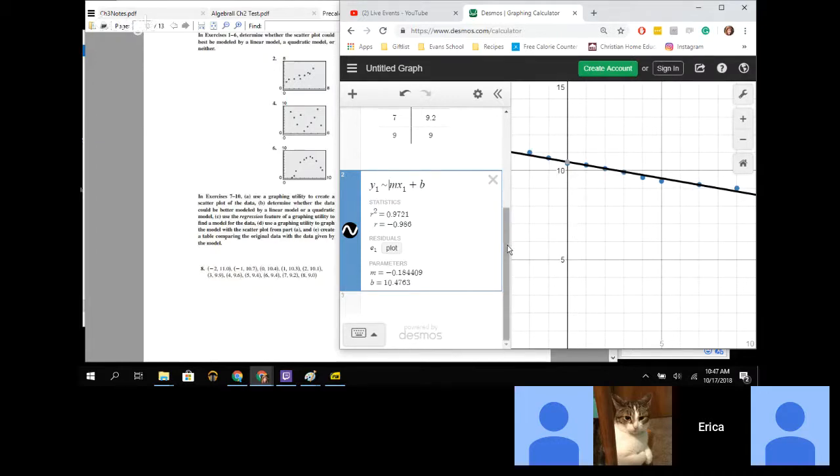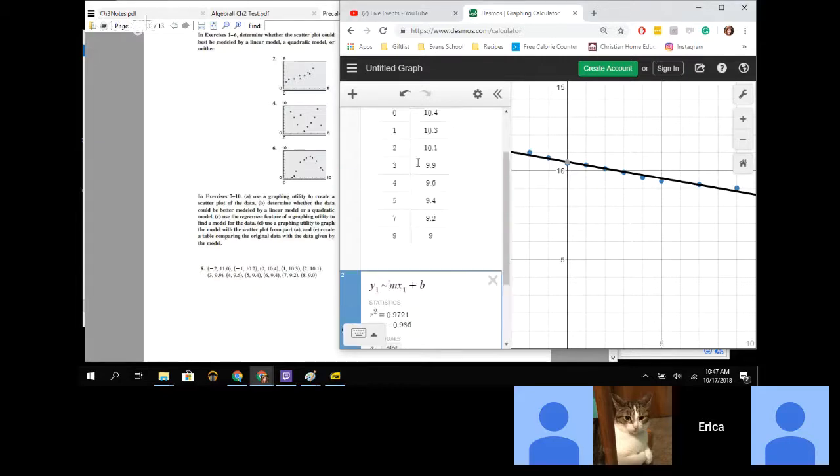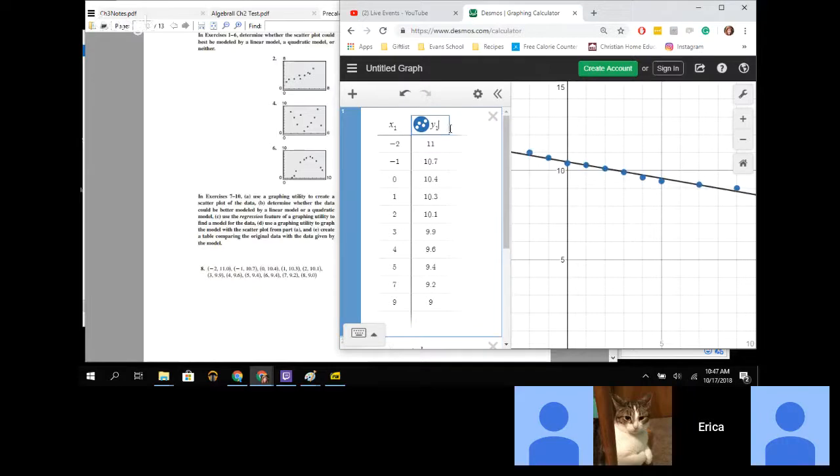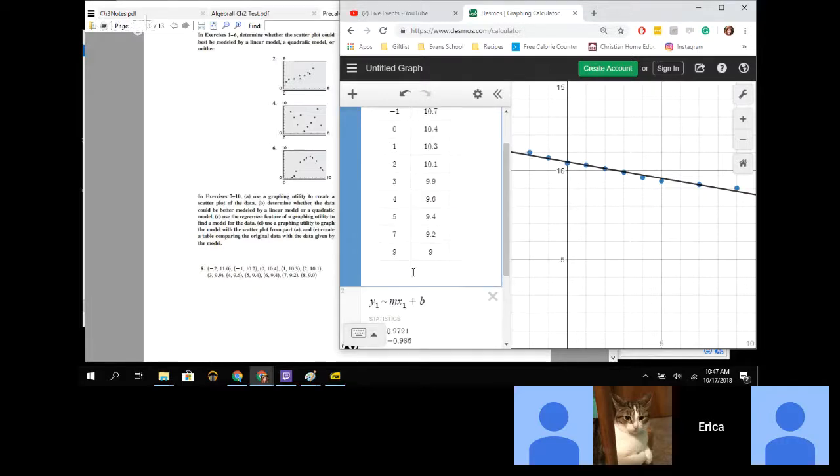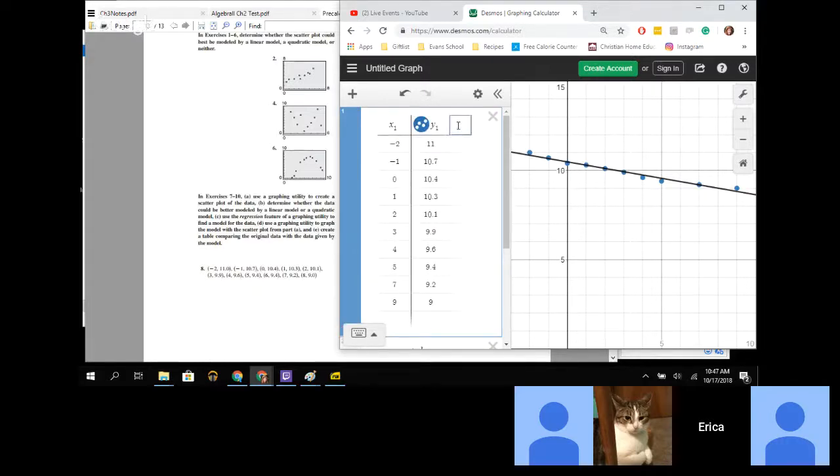And then the last part wants you to create a table comparing the original data with the data given by the model. So what you can do is add another column on here. It won't let me copy my model. I have slightly different numbers written down, because if you use your TI, you end up with a slightly different number, since they must do regression differently.